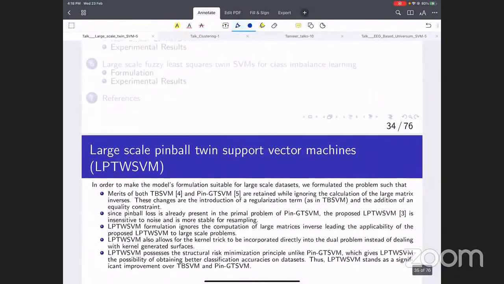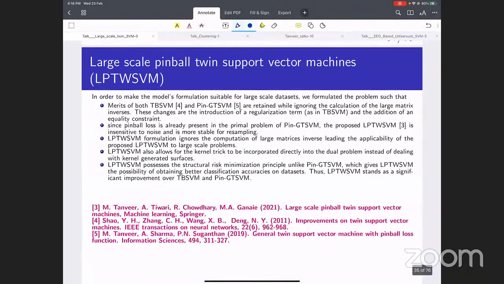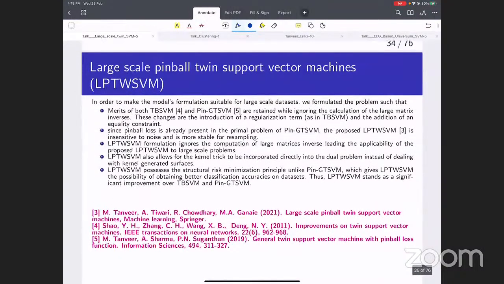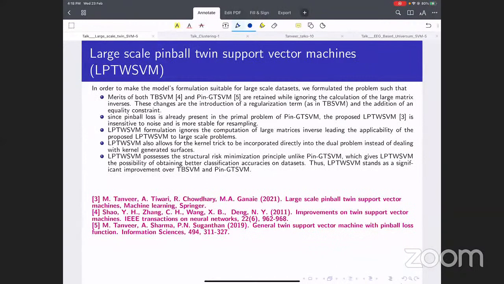So I think I have not covered one. Yes, this idea, another idea using pinball loss. I already discussed one formulation using pinball loss functions. So we developed this for large scale data, and this work is already published in Machine Learning. Machine Learning is considered to be the top journal in the machine learning area.